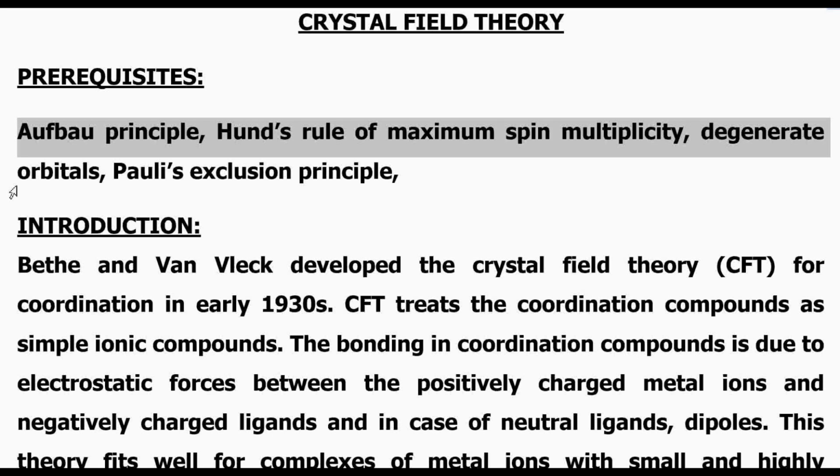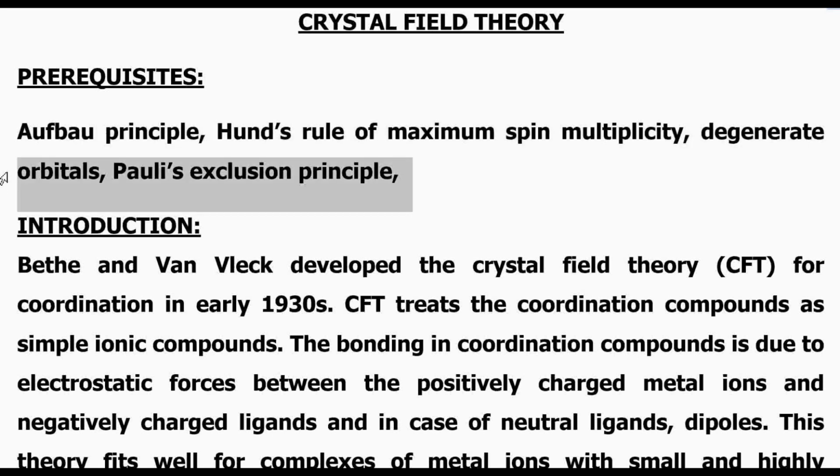Then you also need to recall Pauli's exclusion principle. Pauli's exclusion principle says that no 2 electrons can have the same value for all the 4 quantum numbers. In our case, according to Pauli's exclusion principle, when you put 2 electrons in one orbital, their spins must be different, that is opposite.